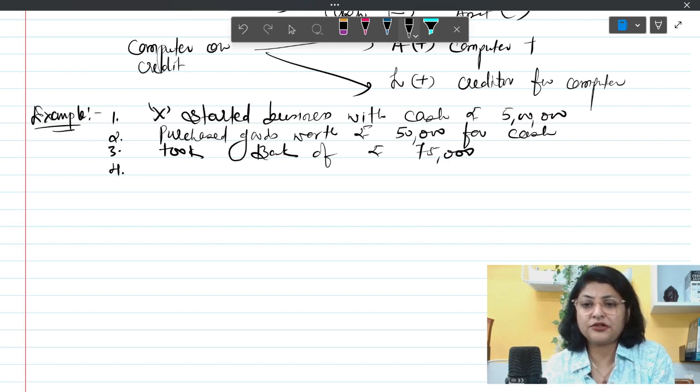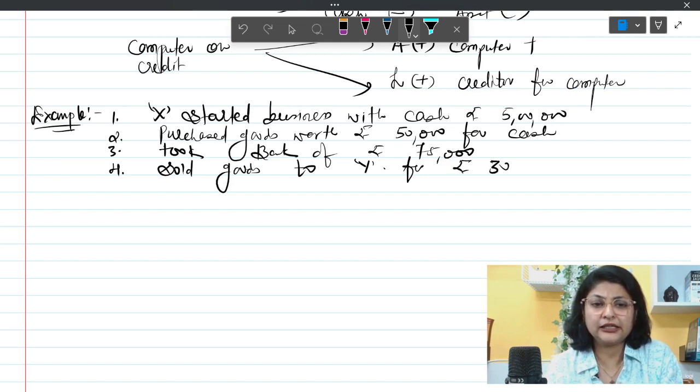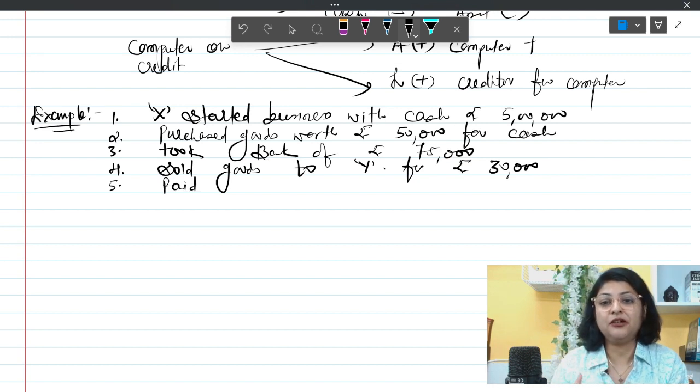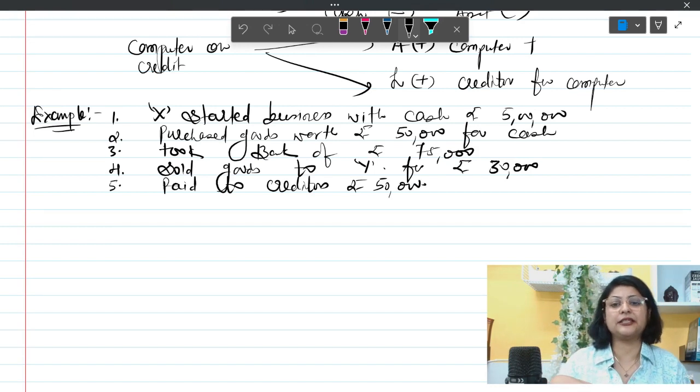Then number 4 transaction I'm writing, sold goods to Y for rupees, let's say 30,000. And last transaction I'm writing, paid to creditors rupees 50,000. This I have not taught you till now, but I'm just writing. Okay, it is related to transaction number 2.